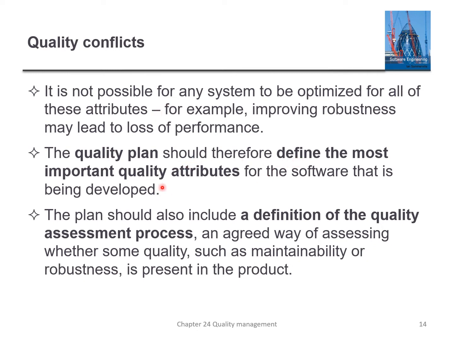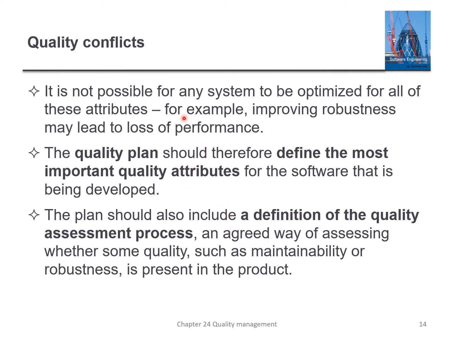Let's say if you design a system to be very usable, you have to reduce the level of security. Okay, because when you make a system very secure, you make the system very unusable. Why? After 2-3 minutes, the system logs you out, and then you need to log in again. Okay, and then you need to reconfirm that it's you. So it is very unusable whenever you want to have the system with a higher level of security.